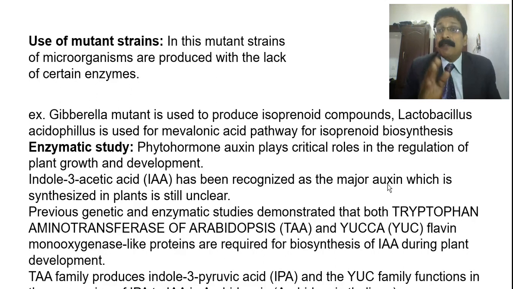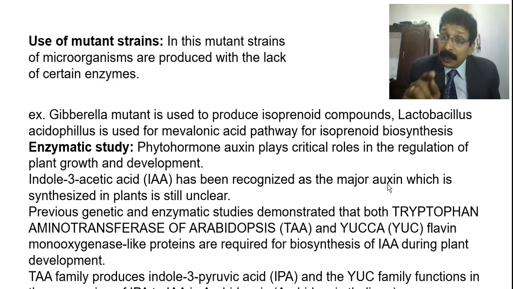So indole pyruvic acid is converted into indole acetic acid in plants, which is the hormone very useful for their development.